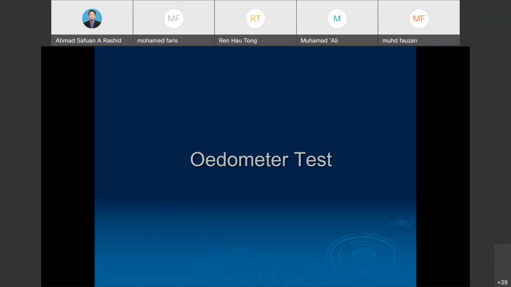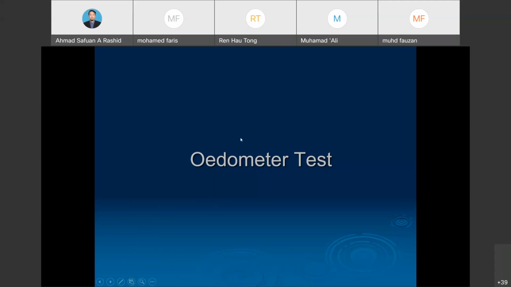Then we double to 100 kPa for the same 24 hours, then double to 200 kPa and maintain for 24 hours, until we stop at 6,400 kPa, which is the capacity of the whole oedometer system. It cannot go higher, otherwise it will topple or be too heavy. So that is the oedometer test.